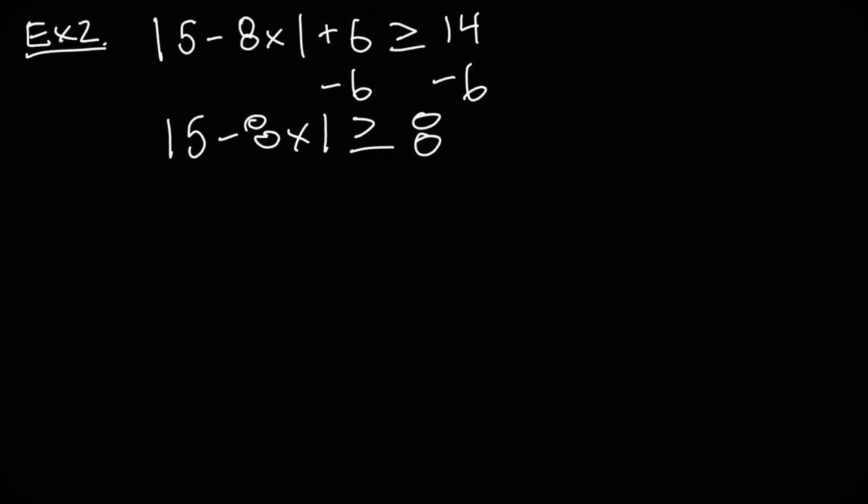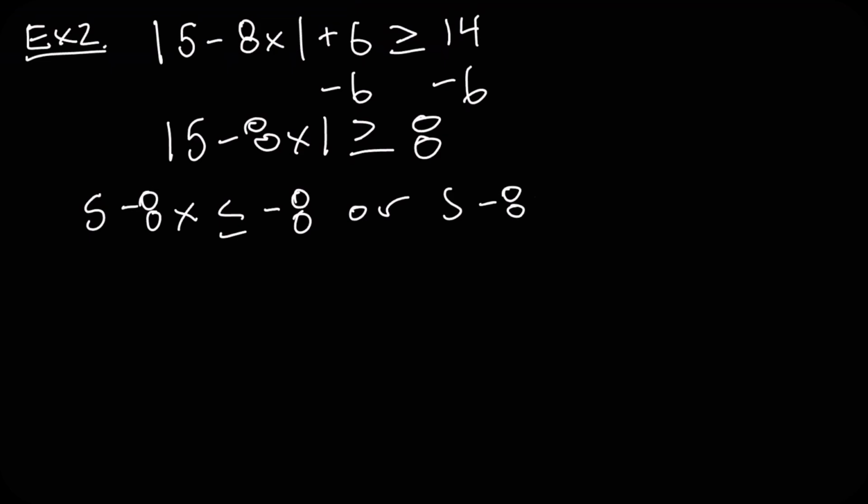And now we can go ahead and deal with our case number 3. So we will have a 5 minus 8x is less than or equal to a negative 8, or we will have a 5 minus 8x is greater than or equal to a positive 8.